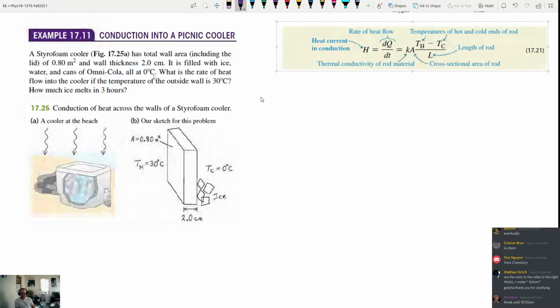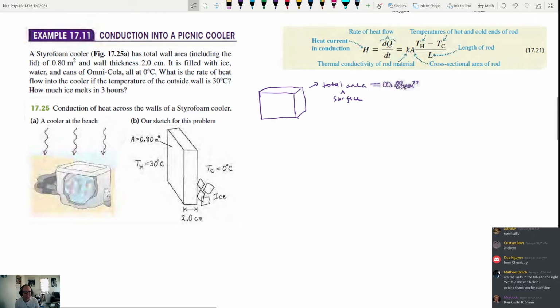Just to be more clear, the idea is that we've got our cooler, and the whole surface area, the total surface area of the cooler, is 0.8 meters squared.